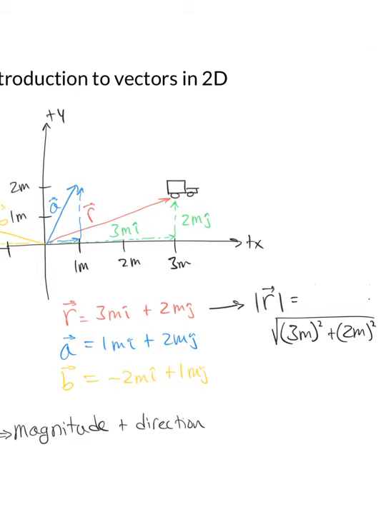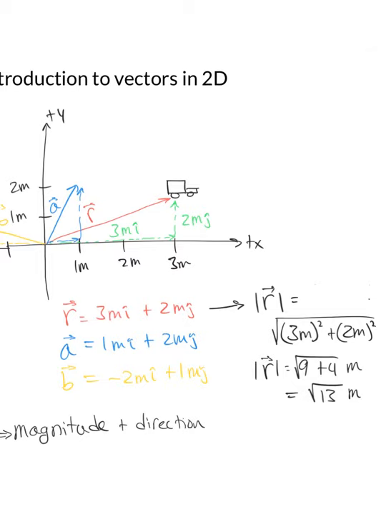The units, meters, get squared as well as the actual number. So my r vector magnitude is going to be the square root of 9 plus 4, and I'm going to pull the meters outside there. So the magnitude of my r vector is the square root of 13 meters.